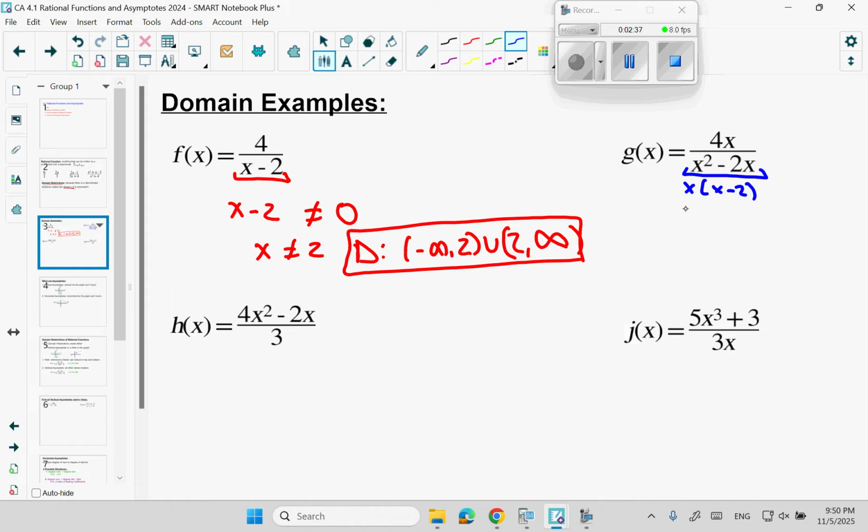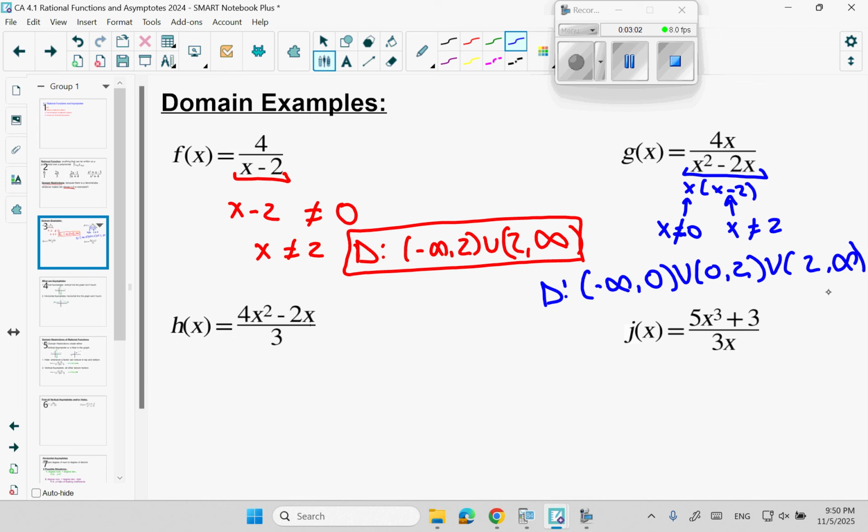Well, I could set each factor equal to 0 using the zero product property, so I know that x cannot equal 0, and here x cannot equal 2. So that domain would be even more restrictive. That would be negative infinity all the way up to 0, union 0 all the way to 2, union 2 to infinity. Because x cannot equal 0 or 2.